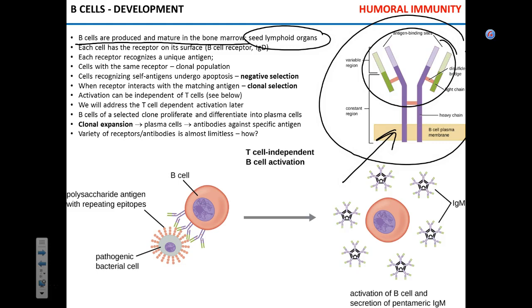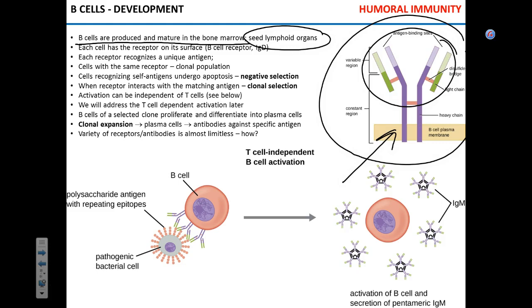Can it be that two B cells have the same kind? Absolutely. But what I'm trying to tell you is that a single B cell is going to have only one kind. Does that make sense?